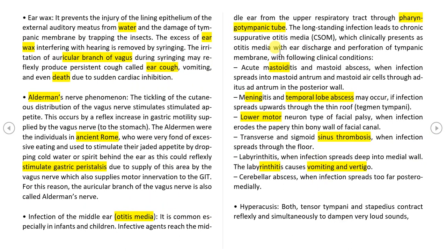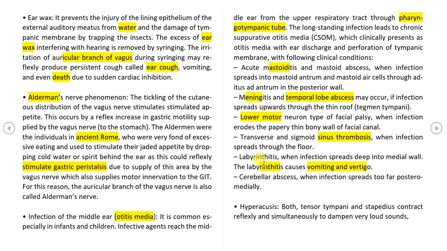If this infection spreads upwards, as we have seen earlier, they are in communication with meninges. So there can be meningitis, there can be temporal lobe abscess, or if it is restricted to the lower part, then it is lower motor neuron type of palsy of the 7th or 8th nerve. There can be venous involvement, so sinus thrombosis. Inflammation of the labyrinth is called labyrinthitis.